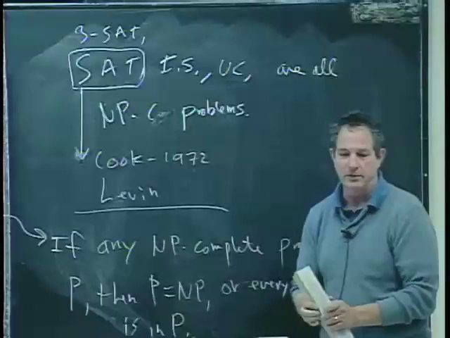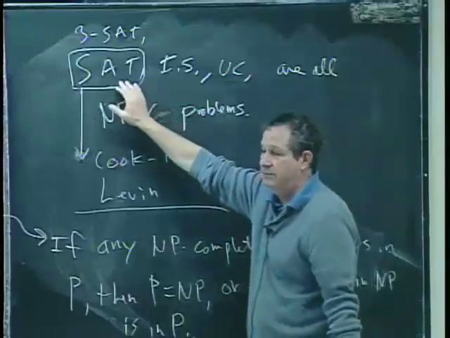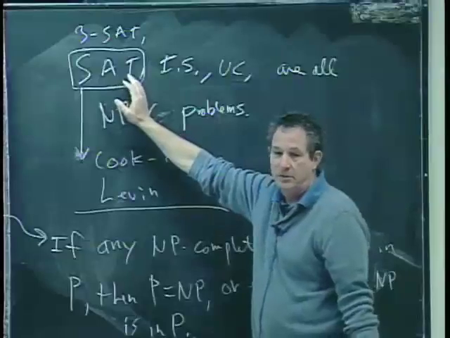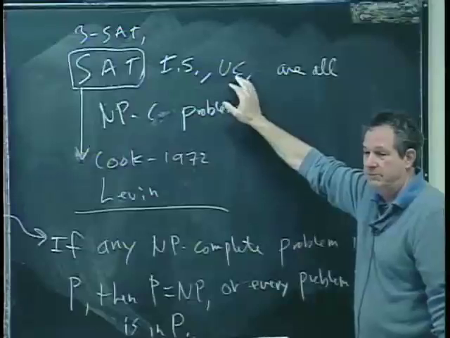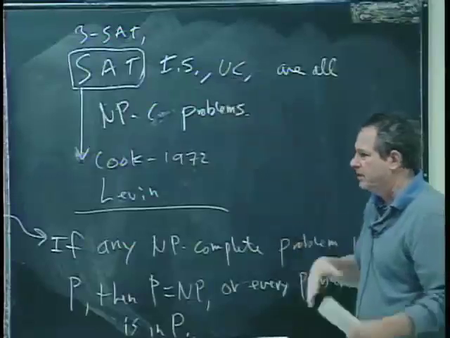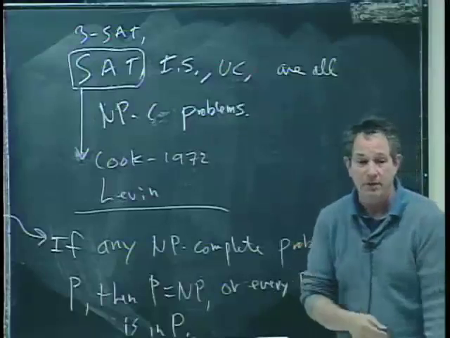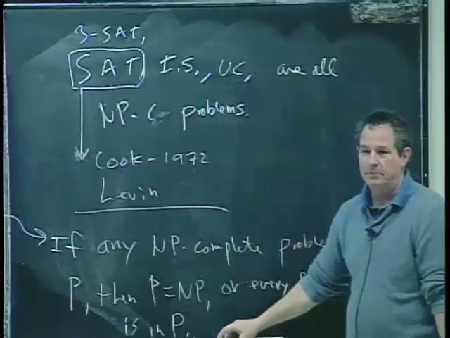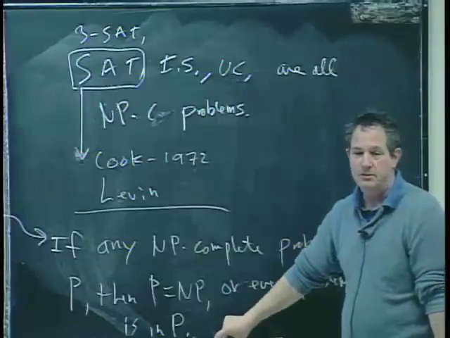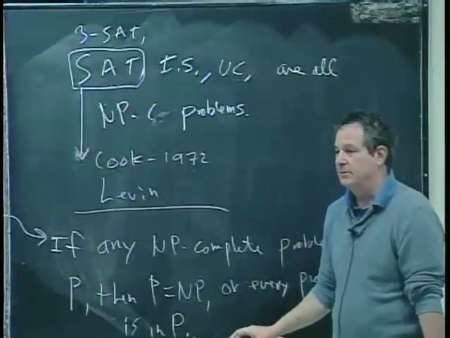Maybe your failure is evidence that there's no polynomial time algorithm for SAT, and my failure is evidence that there's no polynomial time algorithm for vertex cover, but is the combined effort somehow evidence that P is not equal to NP? Anybody have an answer? Yes, because you can reduce one to the other.